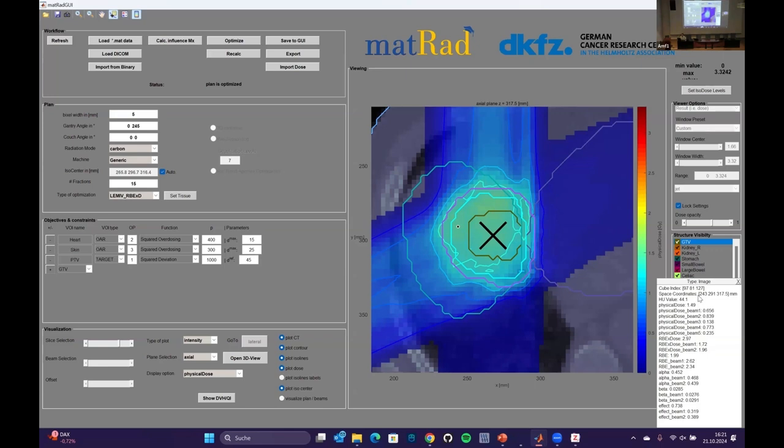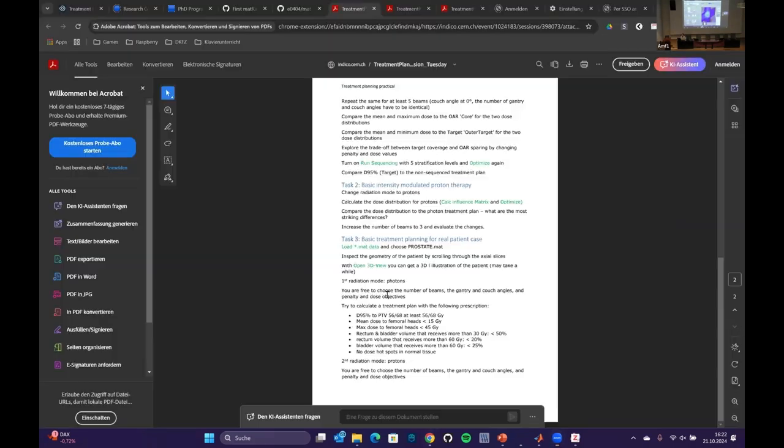There's a question: does the method provide the LET calculation or optimization for proton and carbon? I think I answered this very early. You can calculate LET in matRad, especially in the new version that will be out soon, probably beginning of November. We have LET optimization in development. At the moment there is a contribution by one of my students.